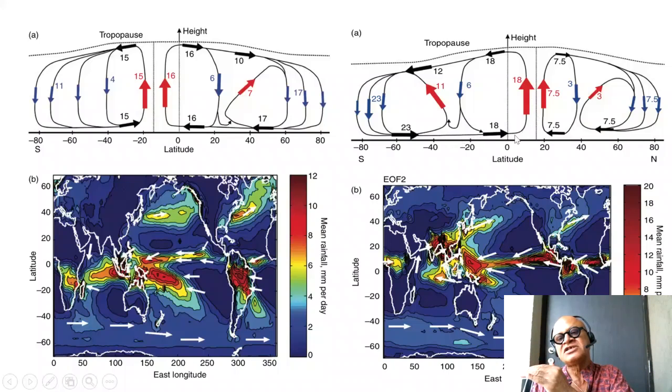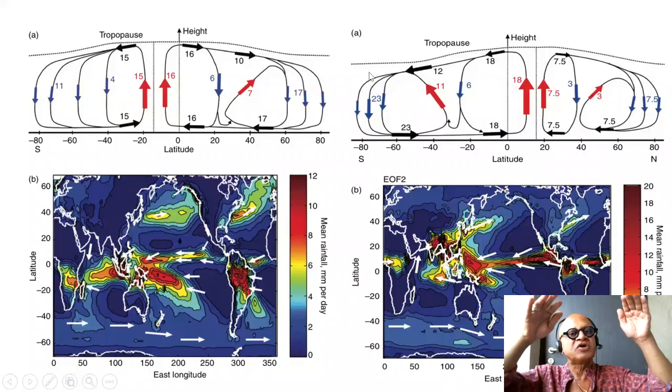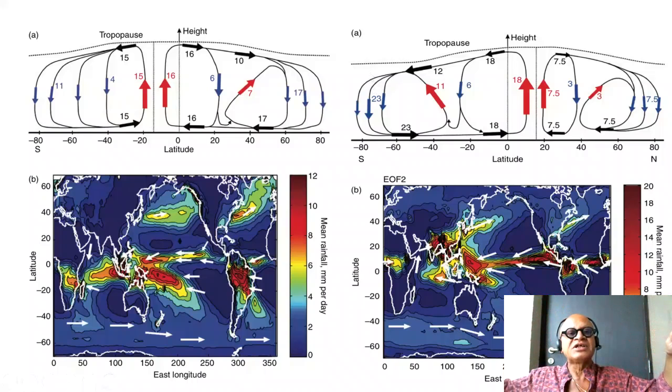And you can clearly see these cross-equatorial transports happening seasonally. But you can see now the drop in the tropopause because of colder temperatures at high latitudes and the volume of the atmosphere shrinking, and you get these complicated cells that we talked about. And you can see the convergence as well.